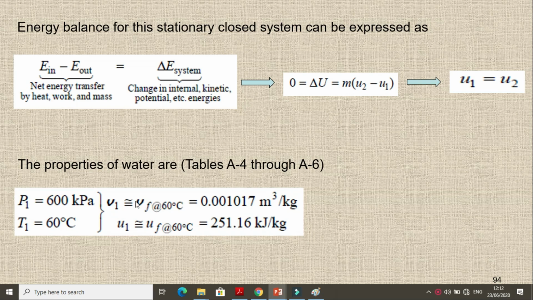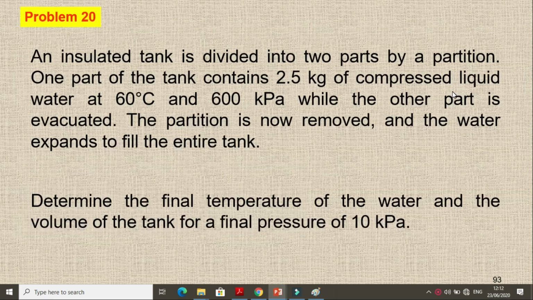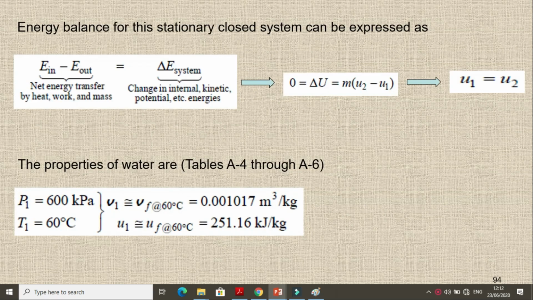This is the simple approximation, and we can check the properties of the compressed liquid with respect to the temperature values. So we know v1 and we know U1, but in the question we have to find the volume and the temperature. Here, if you can see, U1 is equal to U2. So if this is U1, we have the same U2 as well.